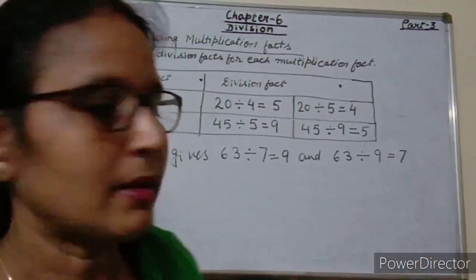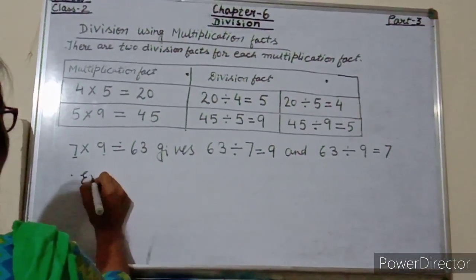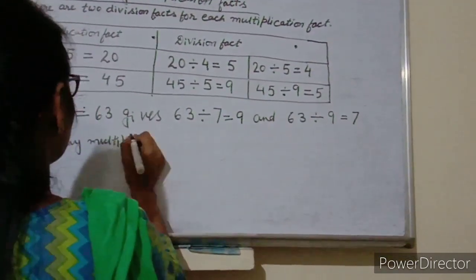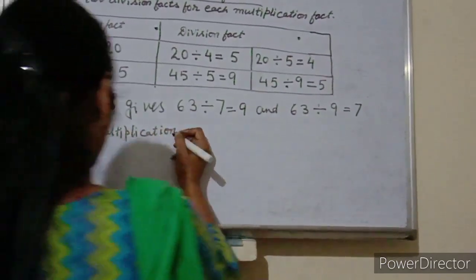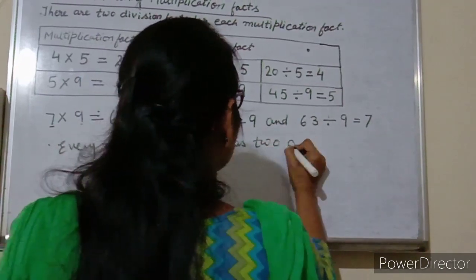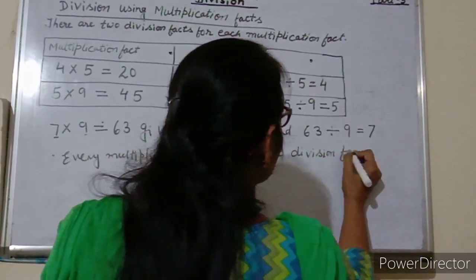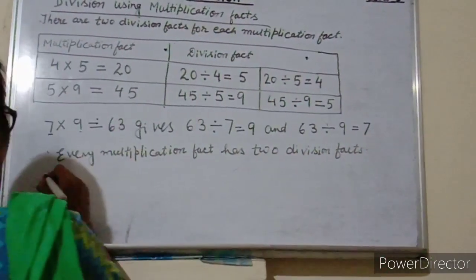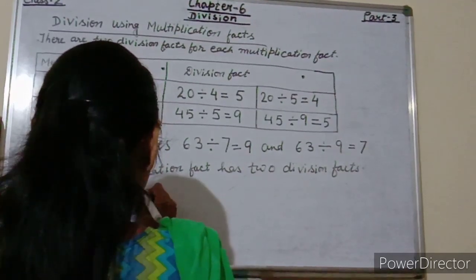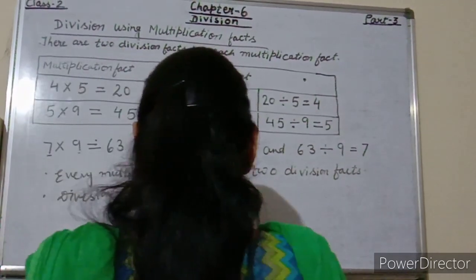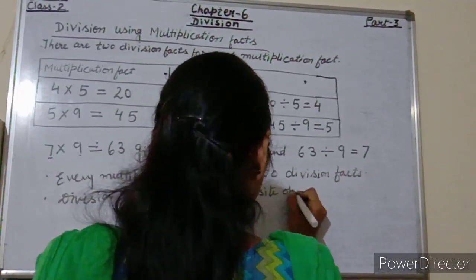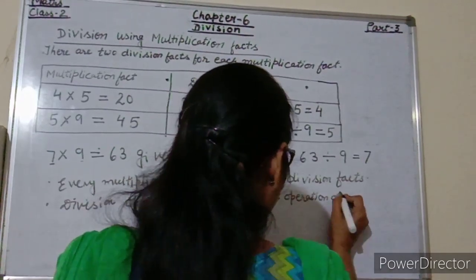So students, always remember that every multiplication fact has two division facts, and the division operation is the opposite operation of multiplication.